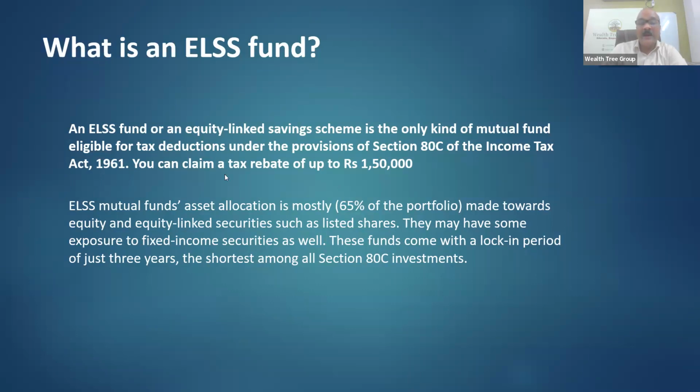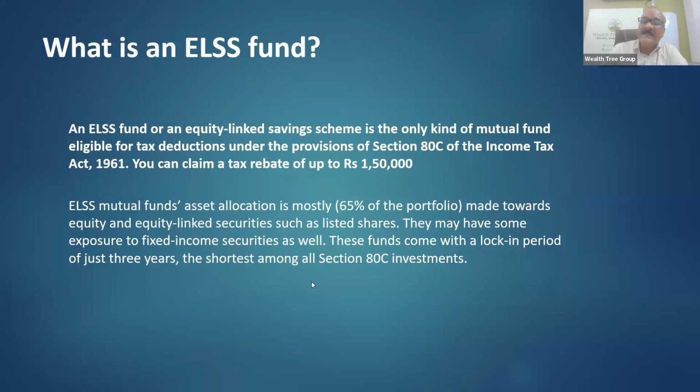You can claim the tax rebate up to 1.5 lakhs. That means if you invest in this mutual fund, it will have a 3 year lock-in period, where you can invest up to 1.5 lakhs as a lump sum amount, or you can also do a SIP every month. So that is what you can do. So obviously the condition of ELSS.